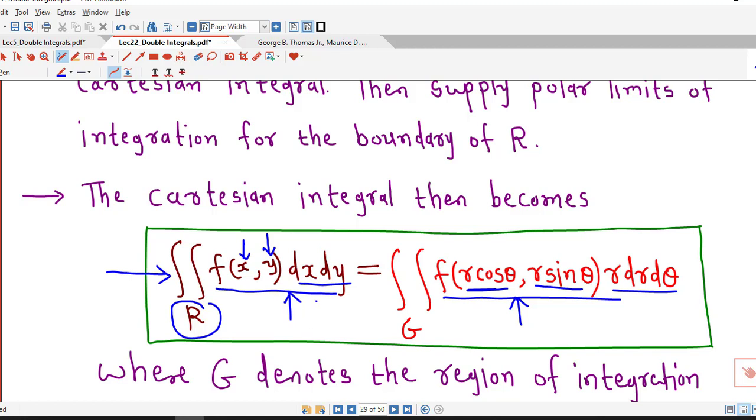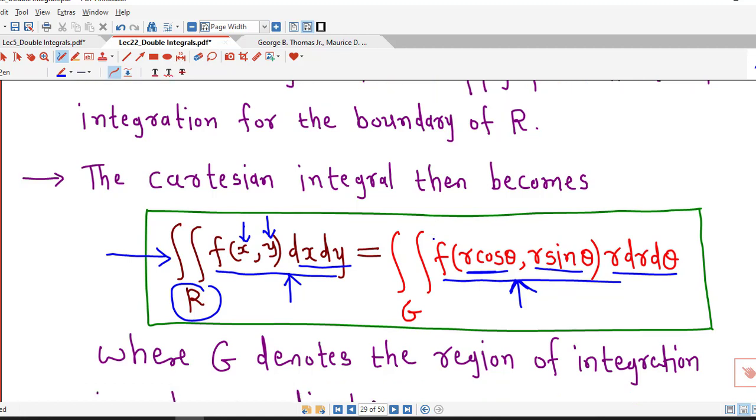We will convert the Cartesian integral into a polar integral and integrate easily. We will now discuss examples on how to transform a given double integral into a polar integral and how to evaluate the resulting polar integral.